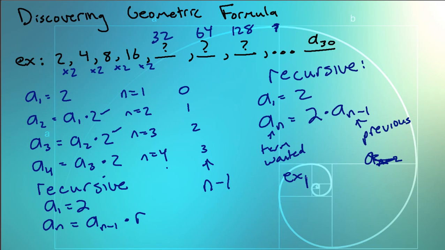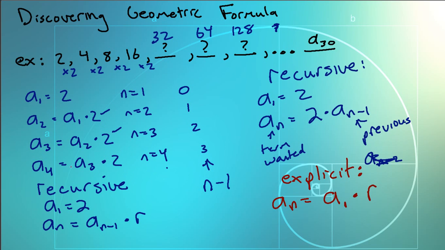All right, explicit formula. That's where we really want to be. Actually, I'll write this in red because it is important. This is the one that we're trying to figure out. So our explicit formula is going to follow that same logic as before. A sub n. Now I have a starting point, a sub 1. That's our first term, so we need to know where we start. Times our ratio. But then what comes next? So I'm repeatedly multiplying.